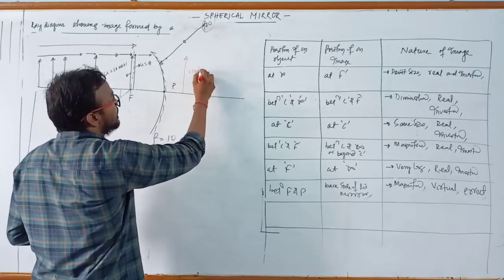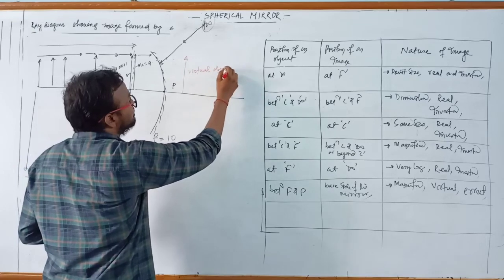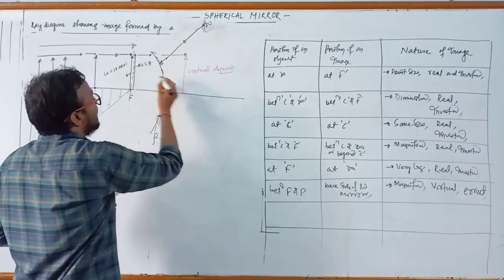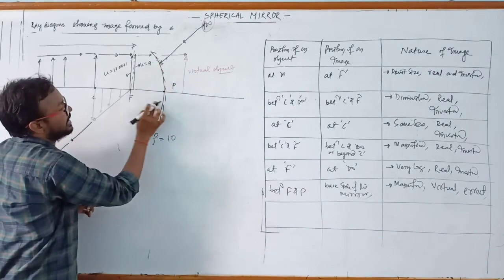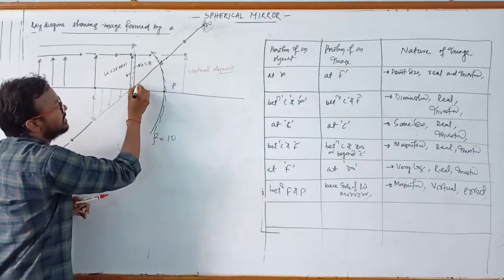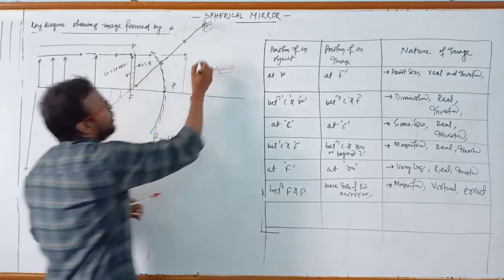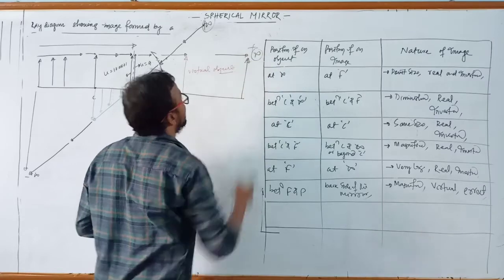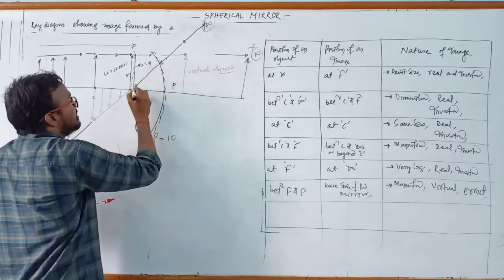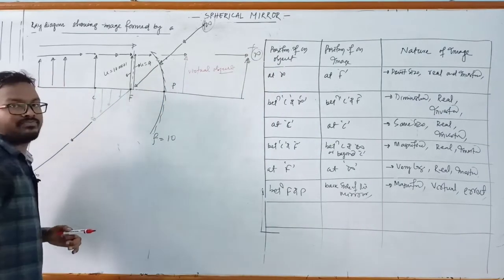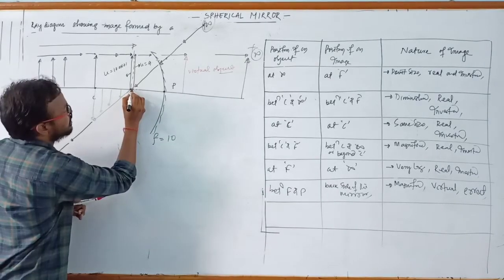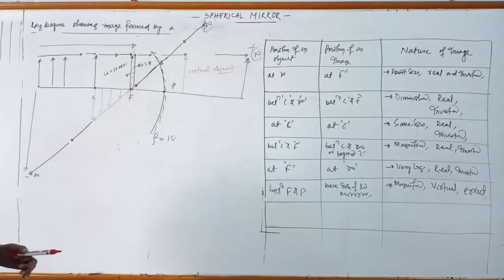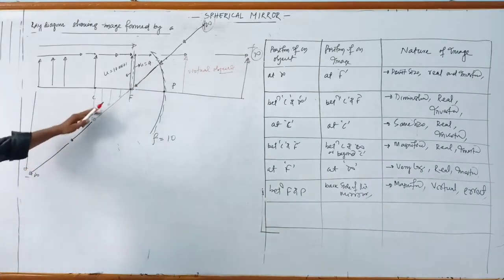For a virtual object we get an image in between F and C. You have to remember this condition. When the virtual object is at positive infinity, the image is just less than the focus point. So this is the ray diagram of the concave mirror. Clear?